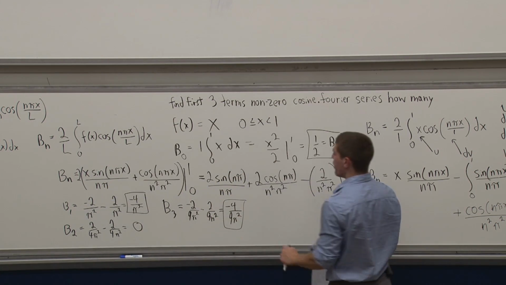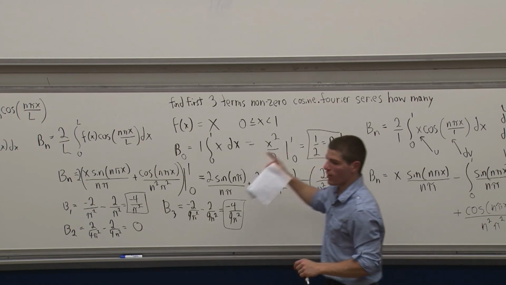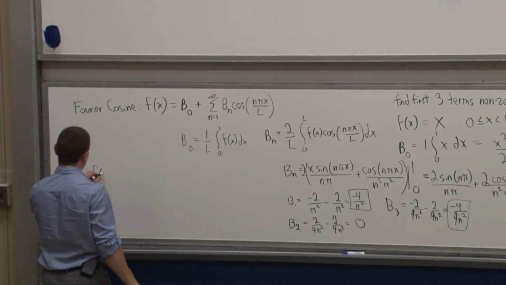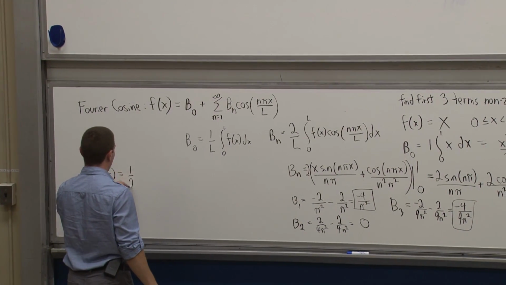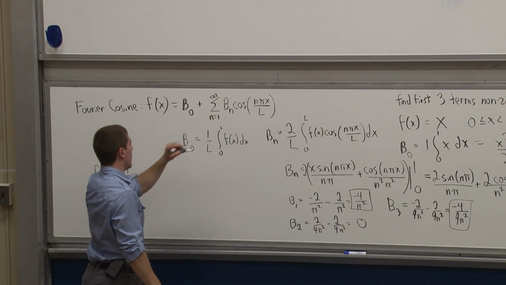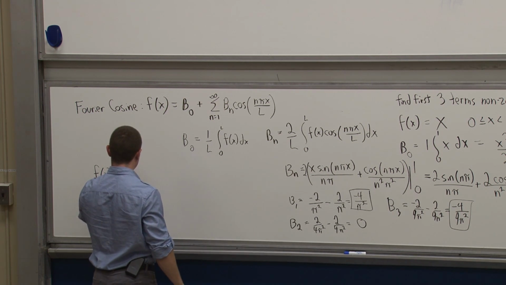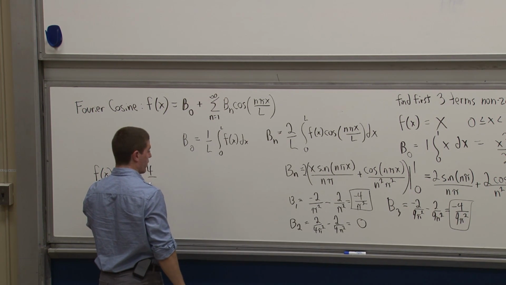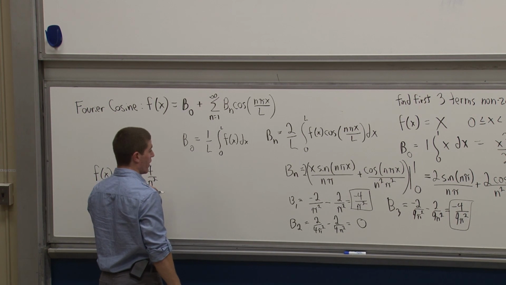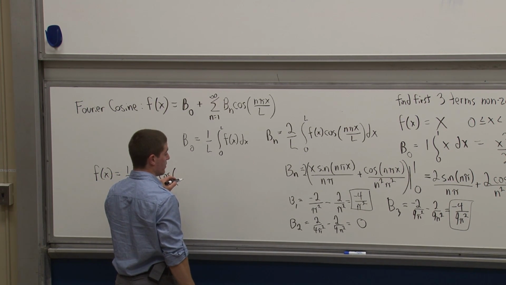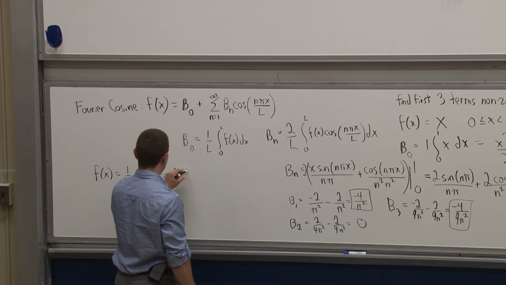We have 2 non-zero terms here, and you have B0. So we're going to write the answer. Answer is going to be f of x. So f of x is going to be equal to B0, which is 1/2, plus Bn. So you have B1 is negative 4 over pi squared cosine of n pi x over L. n is going to be 1.